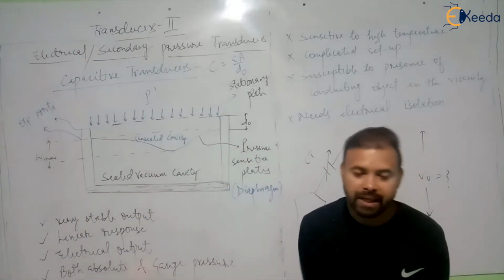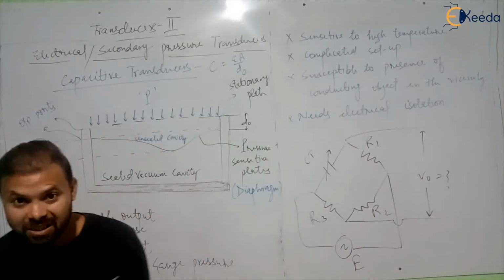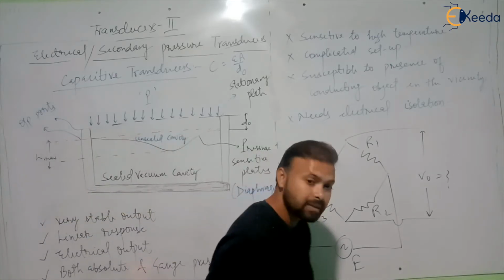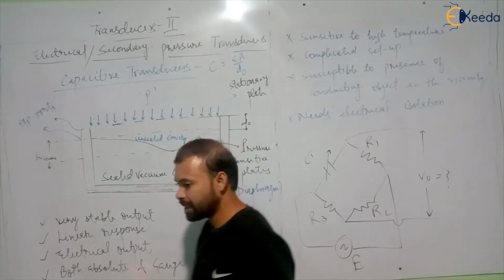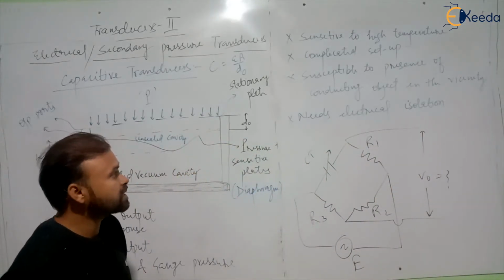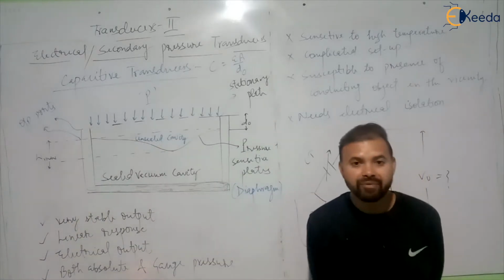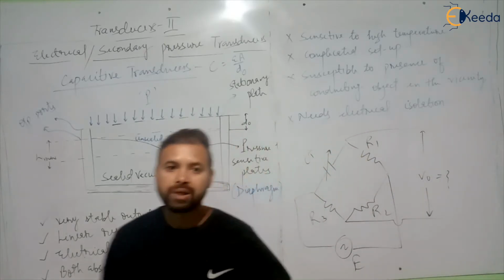If there is some conducting object, or there is some electricity in the vicinity of the capacitive transducer, then the output of the capacitive transducer will be affected, and there will be some stray output voltage in your original output.